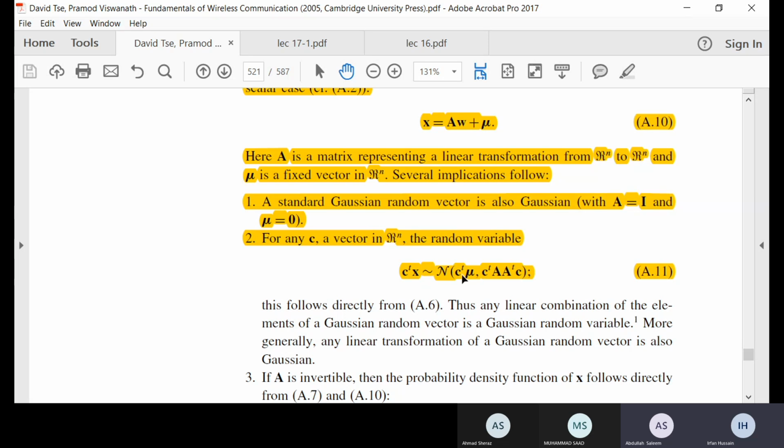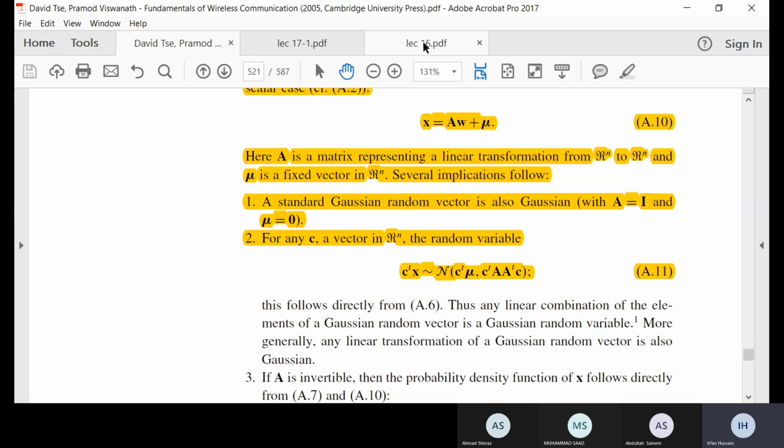Okay, so this was the identity. If I have some vector x and I multiply it with some other vector c, where I know that x is a transformation of the standard Gaussian random vector, then the multiplication of x by c gives us this thing.